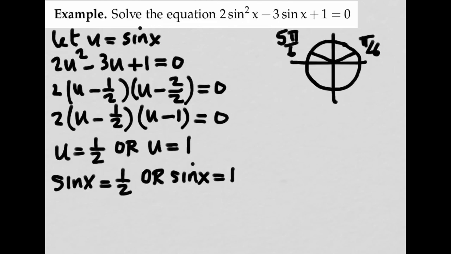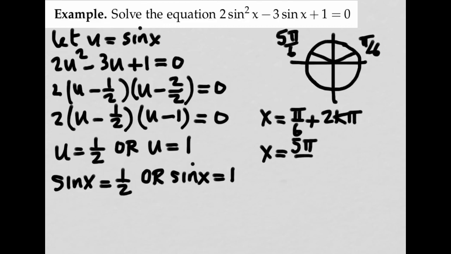So our first equation gives rise to x equals pi over 6 plus 2k pi, or x equals 5 pi over 6 plus 2k pi.